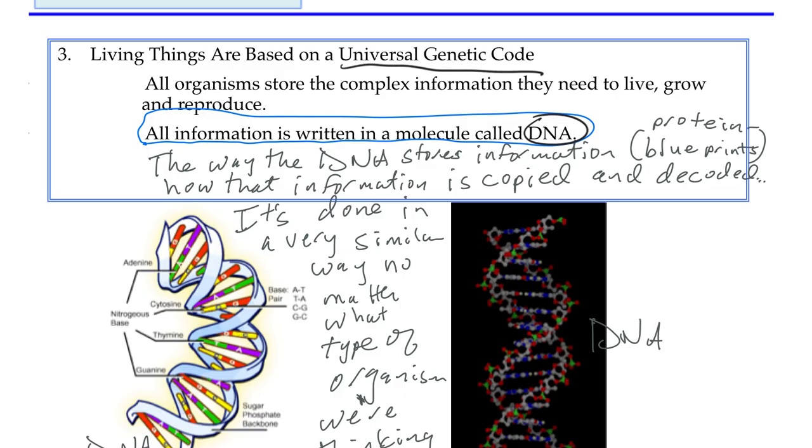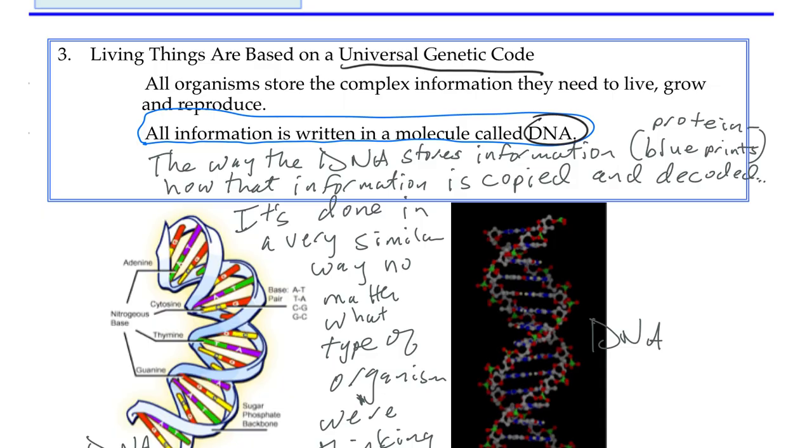And the traits that we have are coded for in the DNA molecule. So think of DNA as a blueprint for all the traits that we consist of.